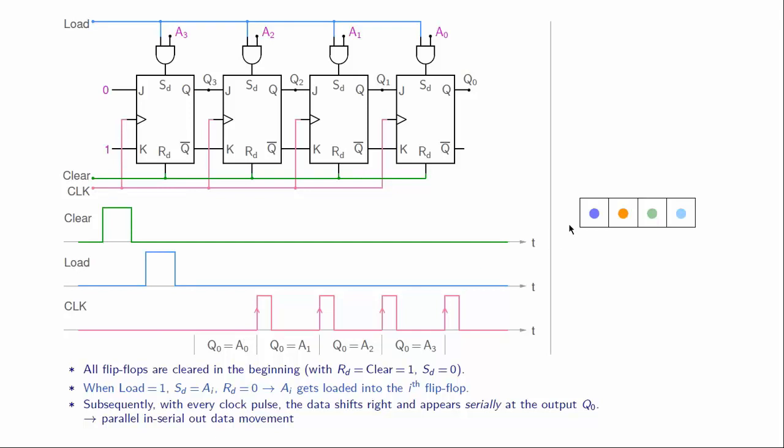We're going to have a shift right operation. Because of that, a 0 appears in the first flip-flop because we have J equal to 0 here, and whatever was here gets shifted to the next flip-flop, and so on. With one more clock pulse, we have one more shift right, and so on.